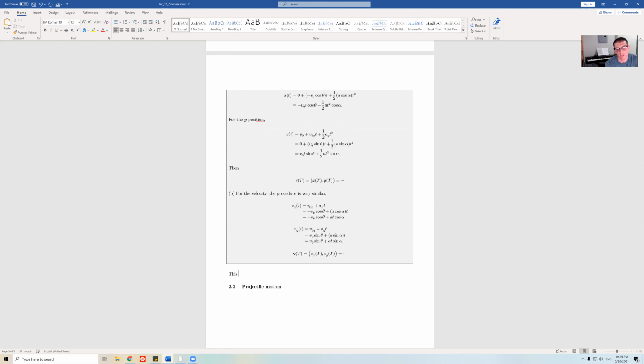This shows that if we want the full picture of the motion of an object, we can simply analyze the x and y components of its motion separately and then combine this information.